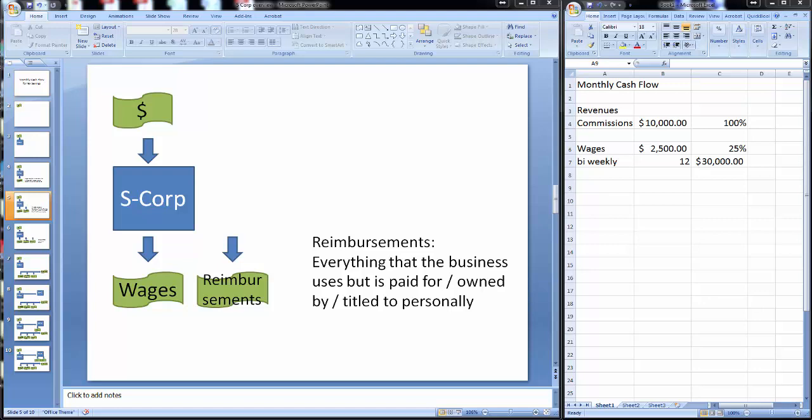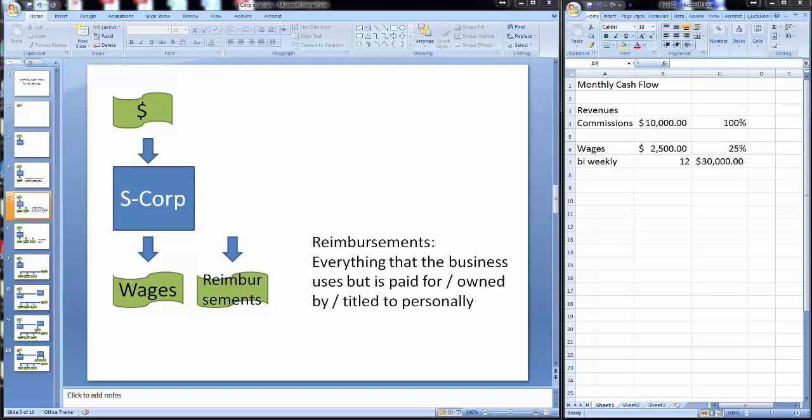Most of the time I've seen this anywhere from 3 to 5 times as expensive for a business to have the vehicle titled to a corporation or an LLC versus having it titled to someone personally and then using the vehicle for business.